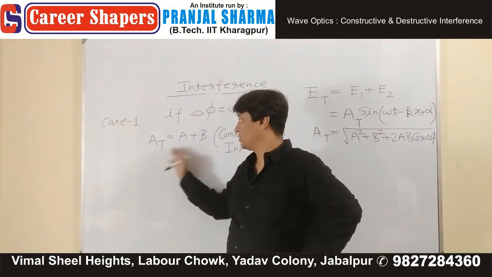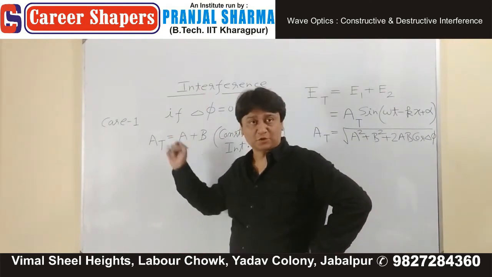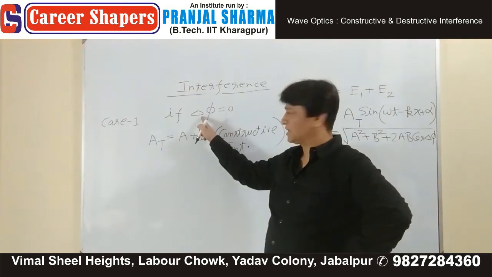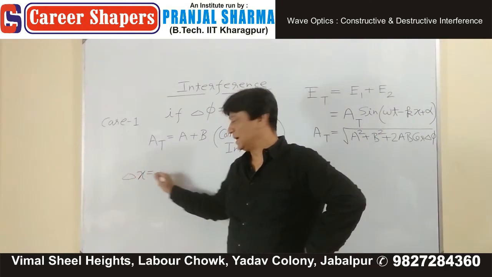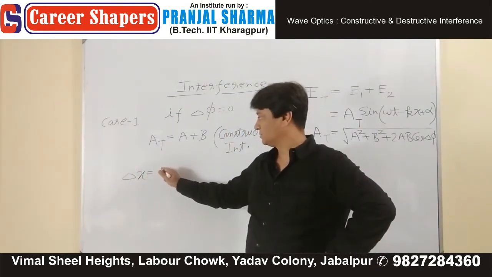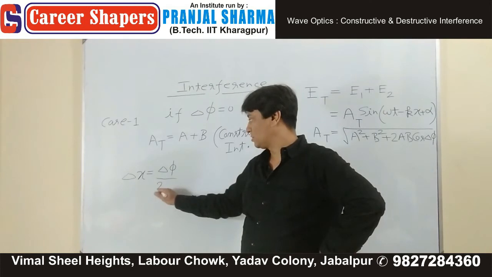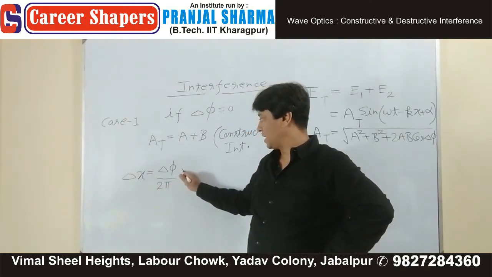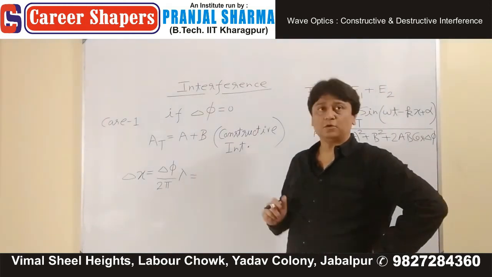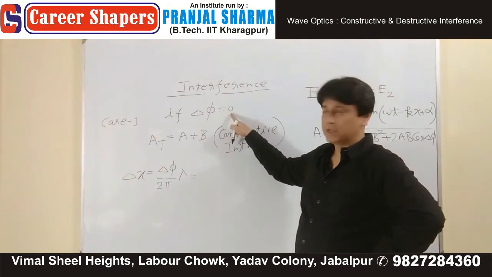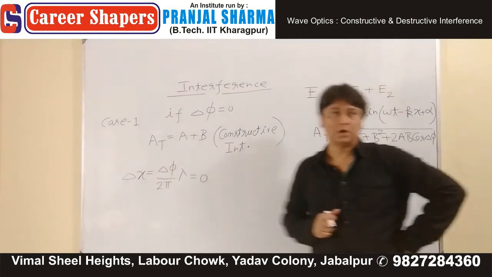Now what is A plus B? We'll try to visualize this also. But before that, let's find out delta x. What is delta x? Delta x is delta phi divided by 2 pi multiplied by lambda. So if delta phi is 0, then delta x is also what? 0.